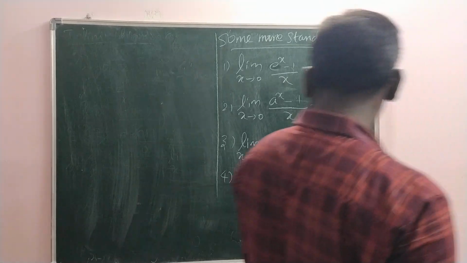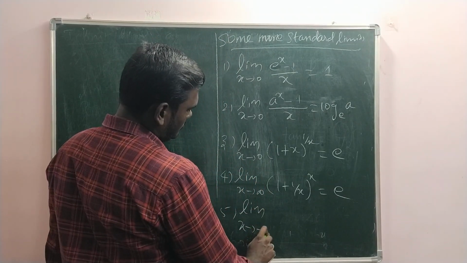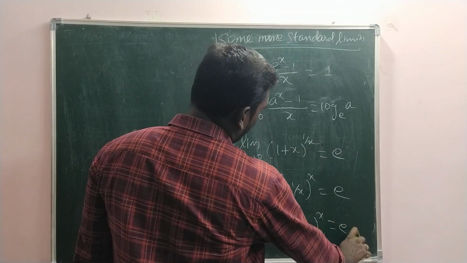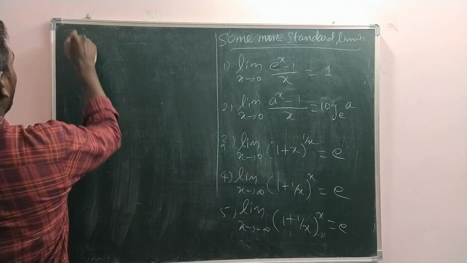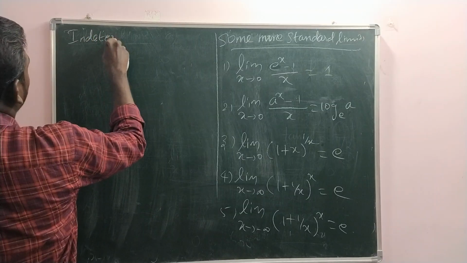And limit x tends to minus infinity, 1 plus 1 by x whole power x, that is also e. See, these are all formulas. That's all. Indeterminate form.